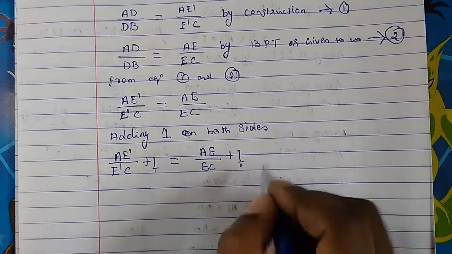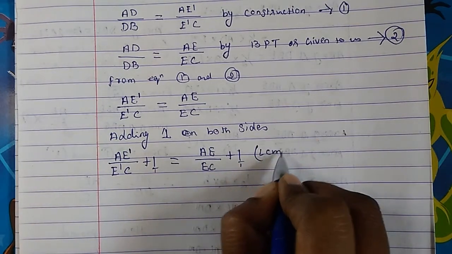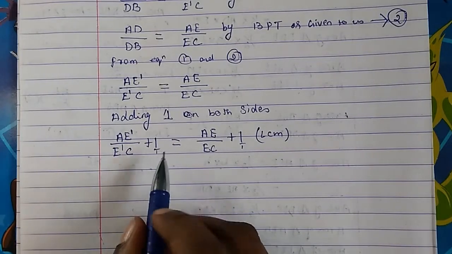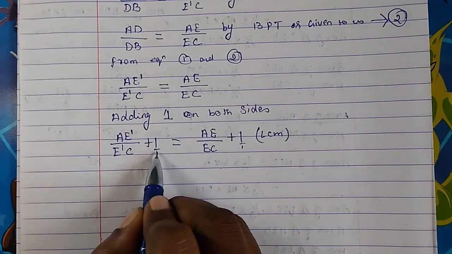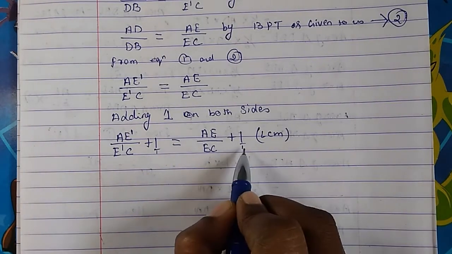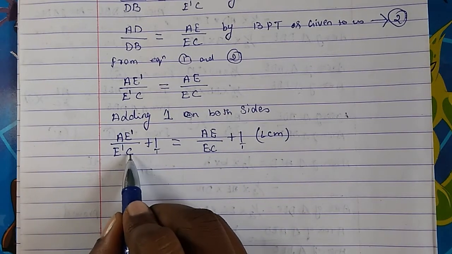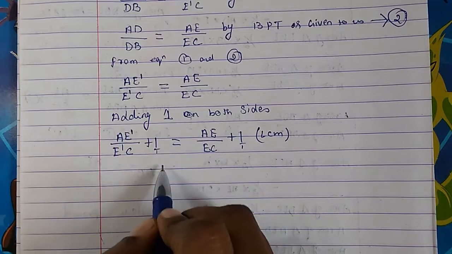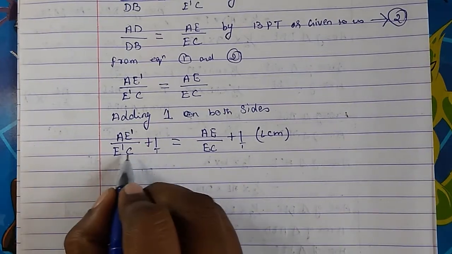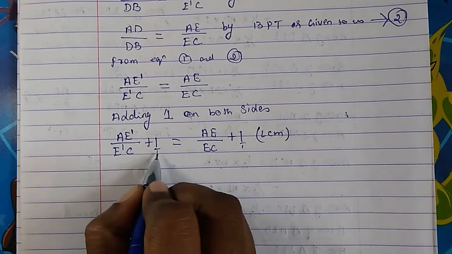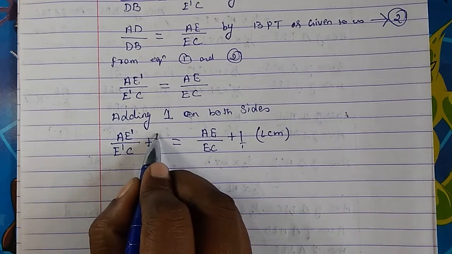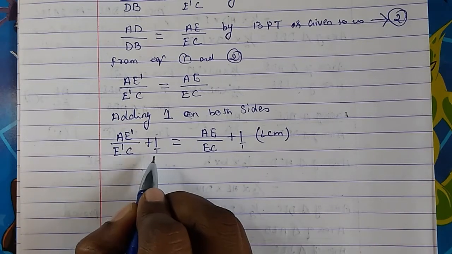So we have to take LCM. Okay, LCM we have to take. So when we take LCM, both the side, here also in denominator we have to get this, here also in denominator we have to get this. So what we will do, with E dash C we will multiply both the side. Then when we multiply, this will get in numerator also, it will come in the denominator also.